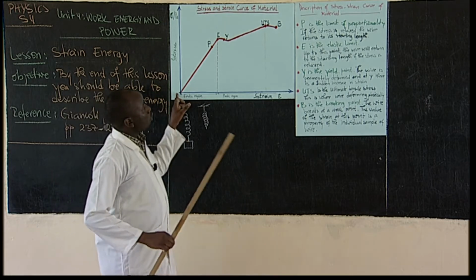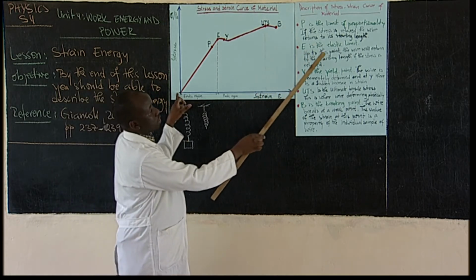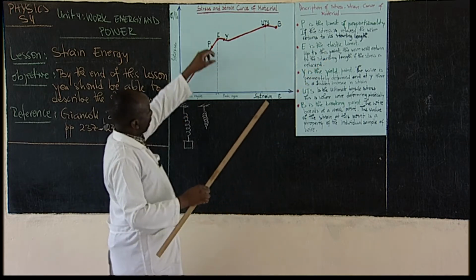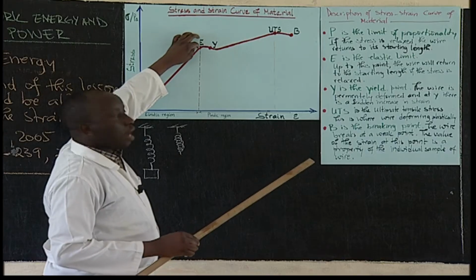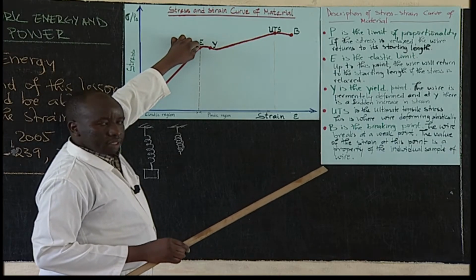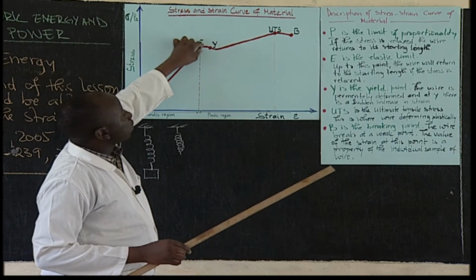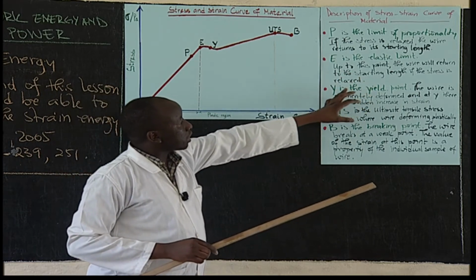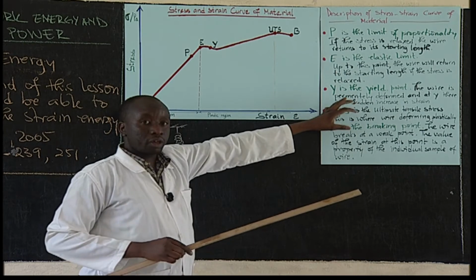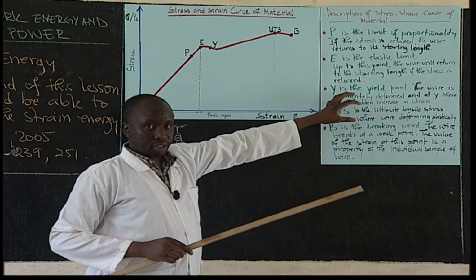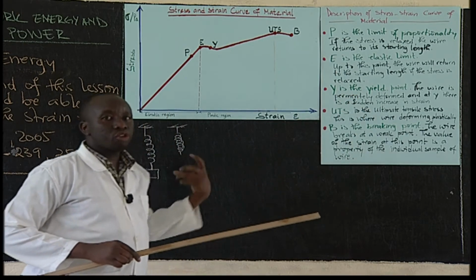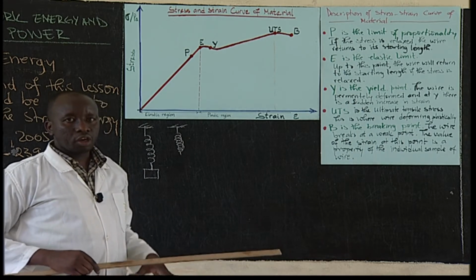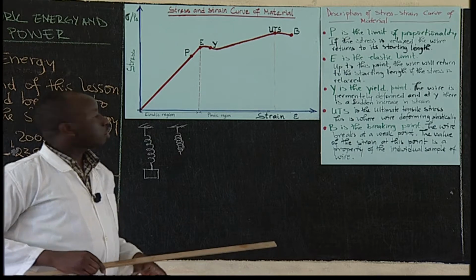So if the stress is relaxed, the wire returns to its starting length. Up to E, we have the elastic limit. Up to this point, the wire will return to its starting length if the stress is relaxed, if there is no force or no weight on the material.